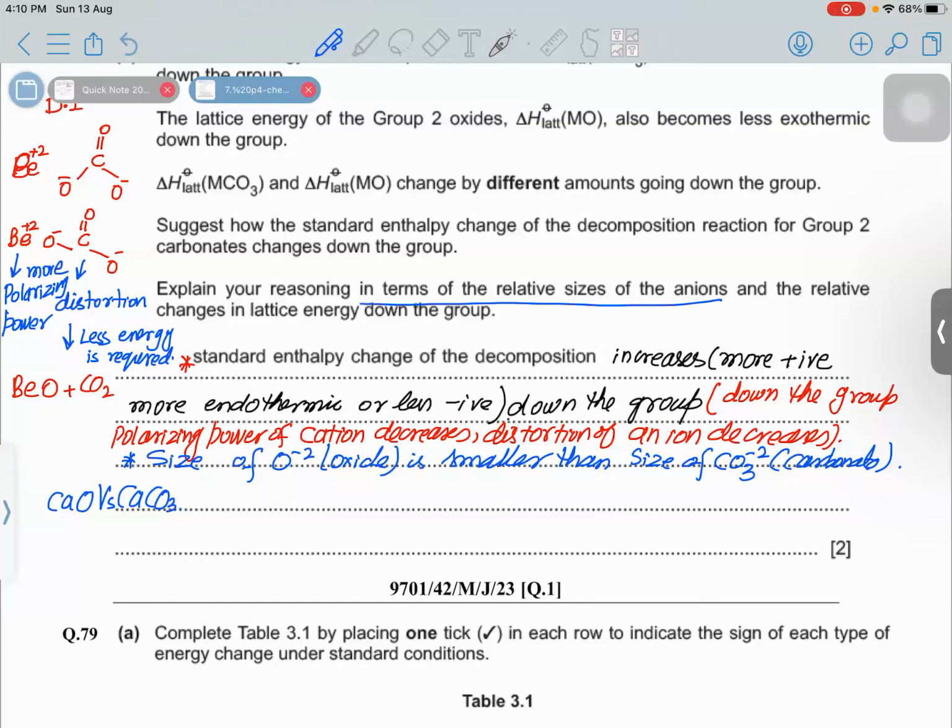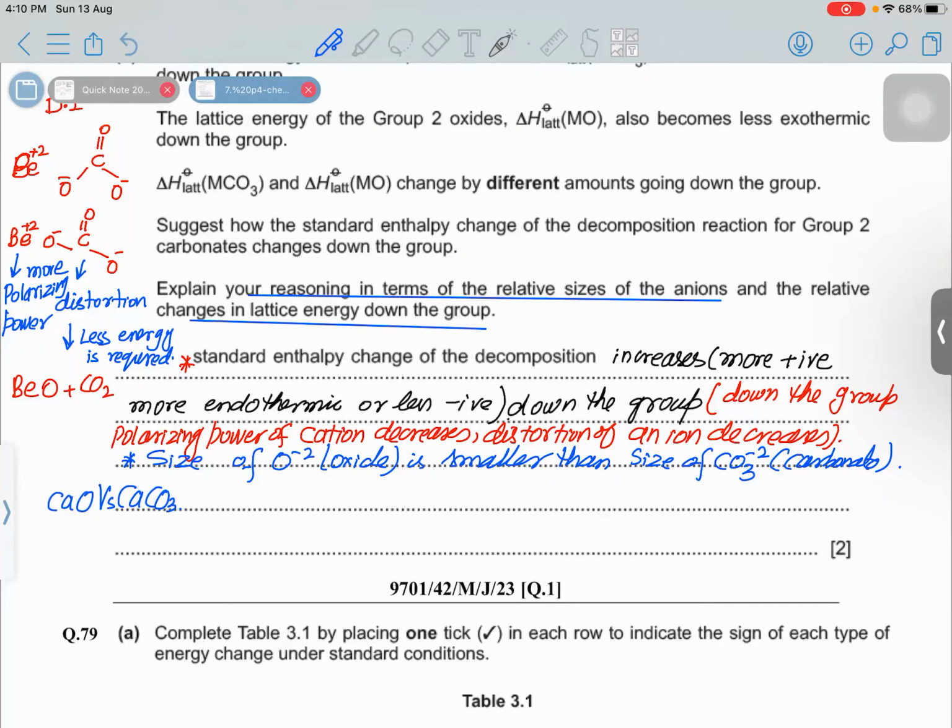So we have discussed size. So we have discussed lattice energy. Thermal decomposition is always endothermic, right? Now I am asking which one has more lattice energy, calcium oxide or calcium carbonate?